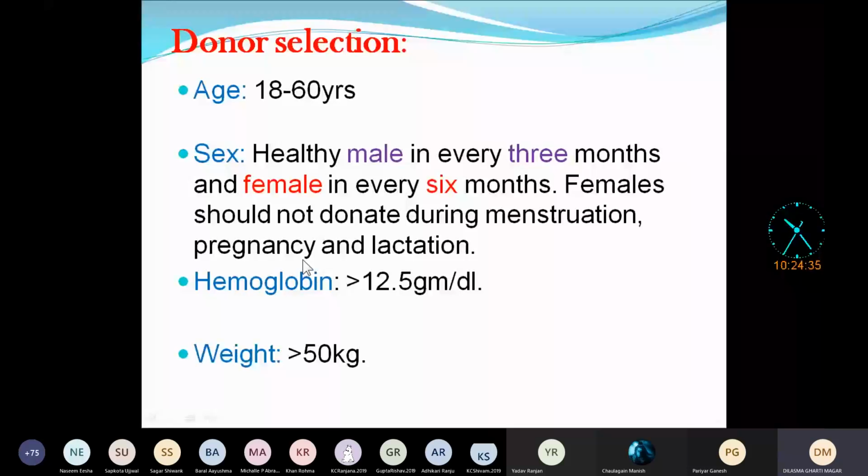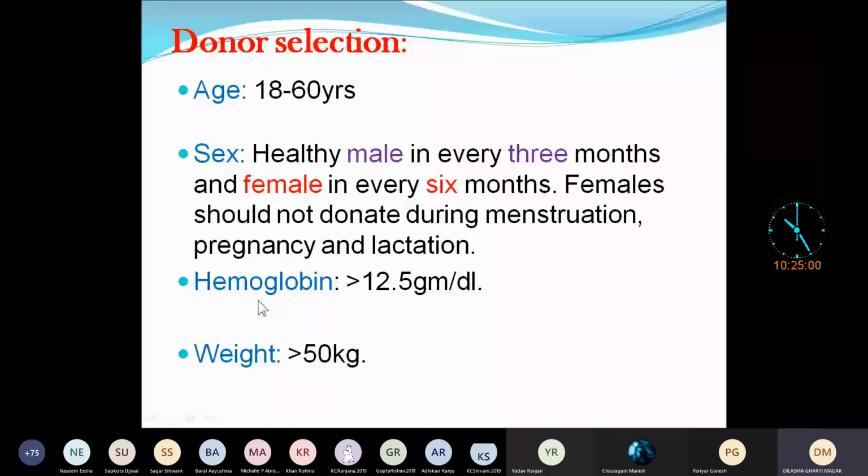For donating blood, hemoglobin has to be more than 12.5 gram per deciliter. Understood here? You must be thinking, how do we know whether the person's hemoglobin is 12.5 gram per deciliter or not, isn't it so?